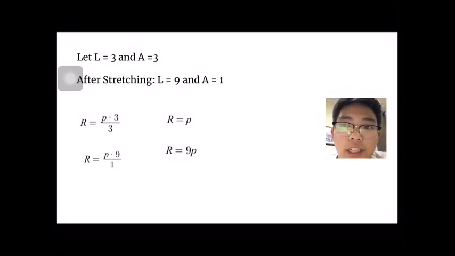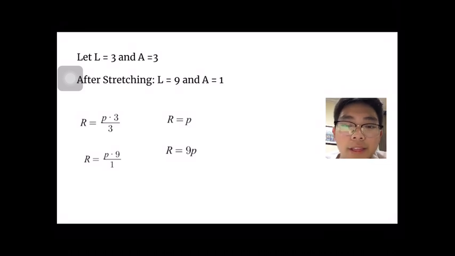However, after we stretch, we know that the length is multiplied by 3 since we're connecting them from front to back. So length of 3 plus length of 3 plus length of 3, we have an overall length of 9. However, in getting this 9, we are also taking out 1/3 of the cross-sectional area each time we're moving it from front to back.